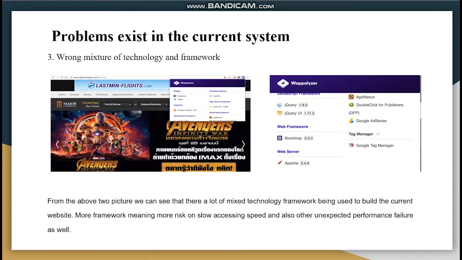And the next is the wrong mixture of technology and frameworks. From the above 2 pictures, we can see that a lot of mixed technology frameworks are used to build the current website. More frameworks mean more links, slower access speed, and other unexpected performance failures as well.